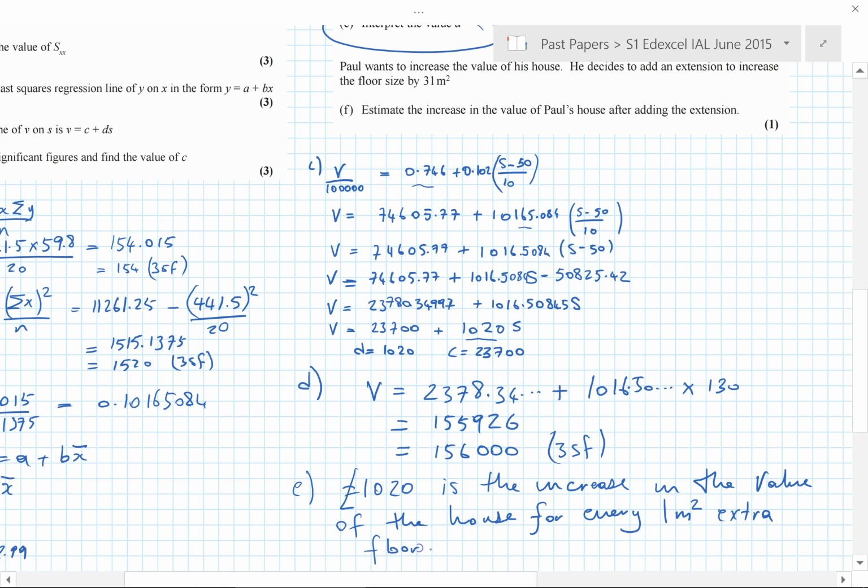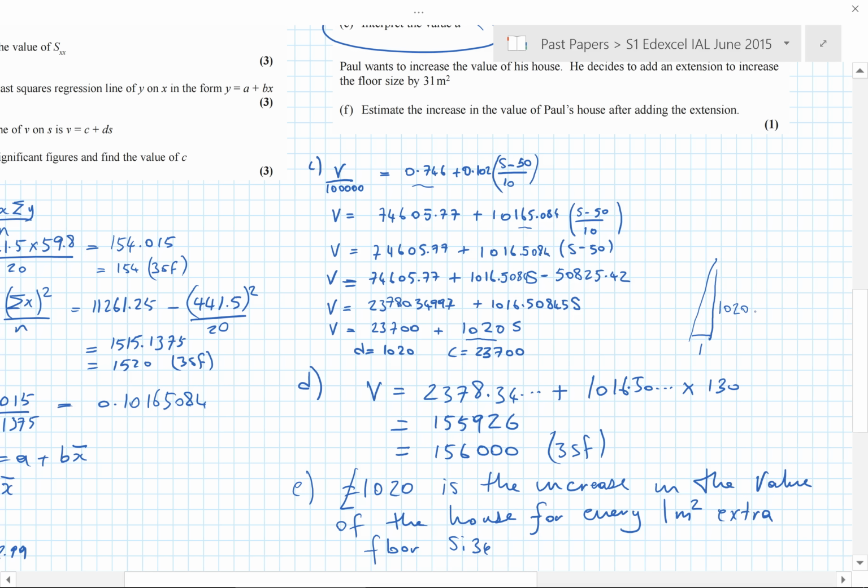It's a gradient, but that's not an interpretation, to say it's a gradient. Basically what we're saying is that as it goes up by 1 meter squared, the value goes up by that amount, 1020.